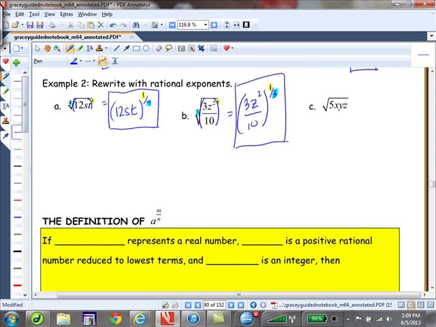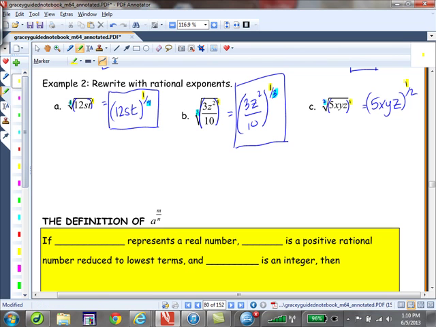All right, and then this guy, remember there's kind of an invisible 2 right there. So you've got your power over root. So this will end up being 5 times xyz raised to the 1/2.